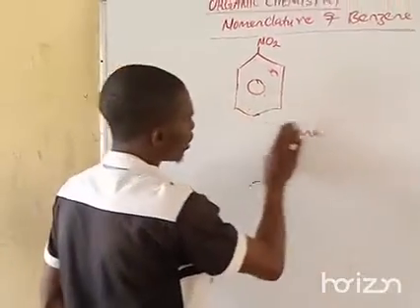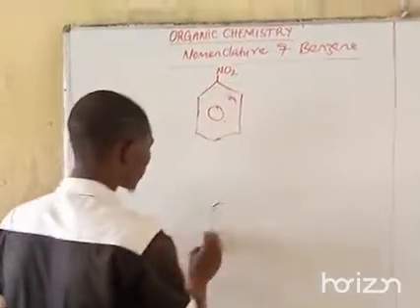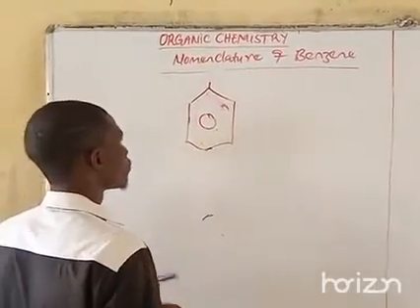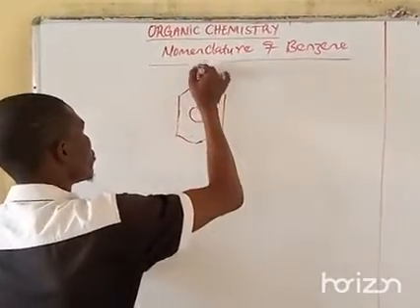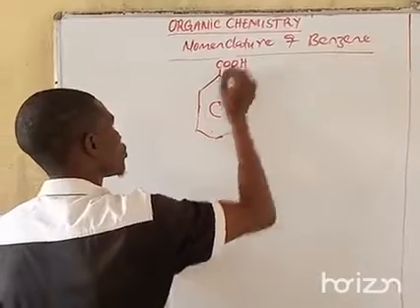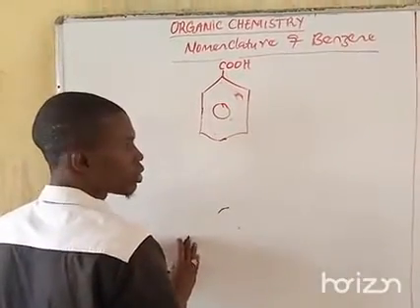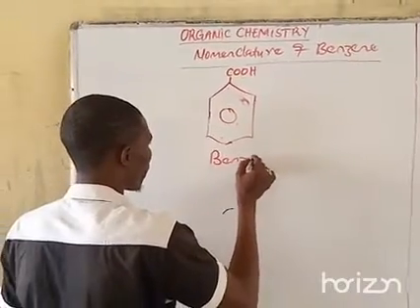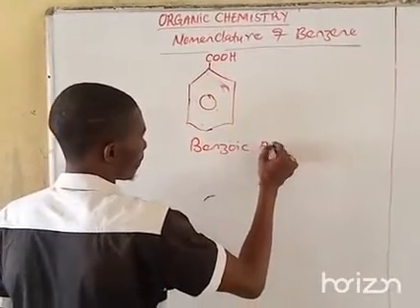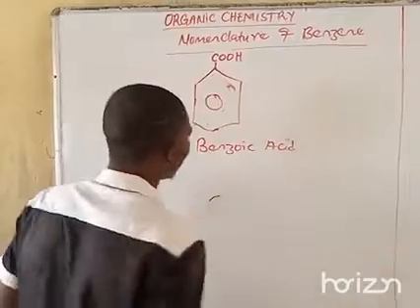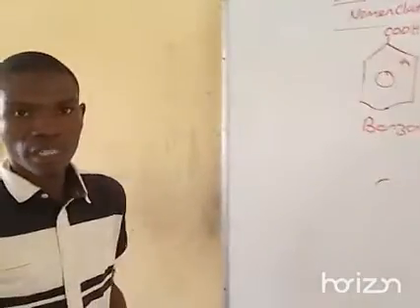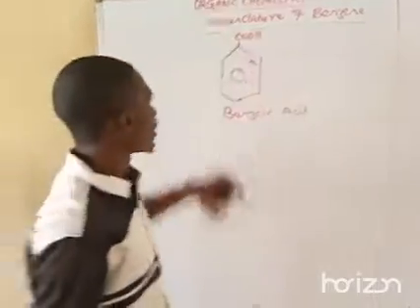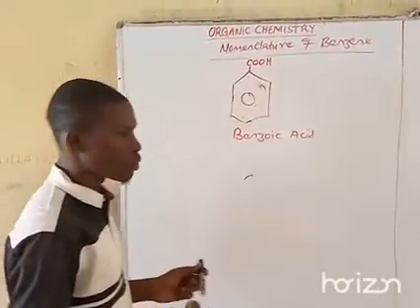Then we also have another one. We have benzene attached to COOH. This one is called benzoic acid, a benzene attached to a carboxylic group.